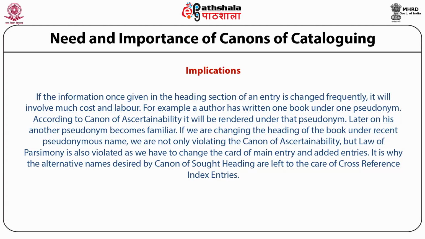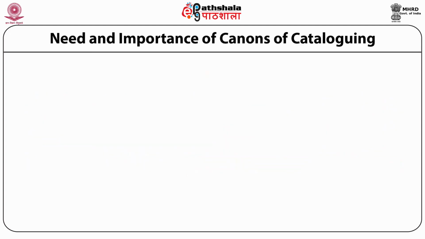If we change the heading of the book to the recent pseudonym's name, we are not only violating the canon of ascertainability, but the law of parsimony is also violated, as we have to change the card of the main entry and added entries. It is why the alternative names desired by the canon of sought heading are left to the care of cross-reference index entries.